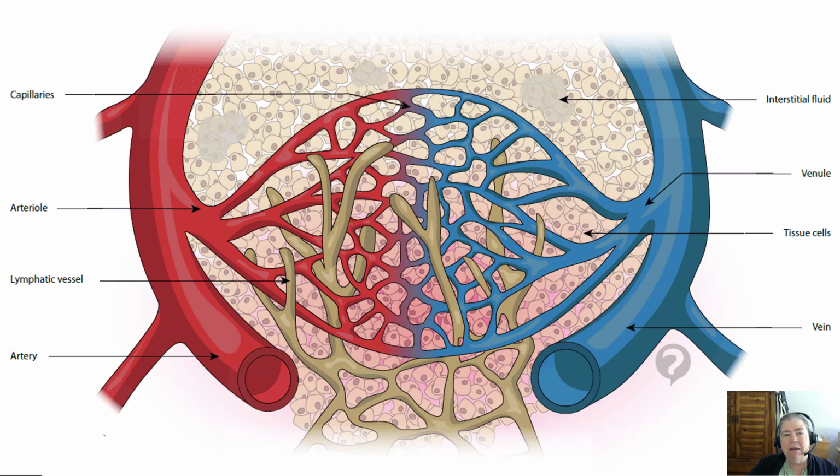And again, just a diagram illustrating these various compartments. You have your cells with intracellular fluid. Between them is extracellular fluid that is interstitial.